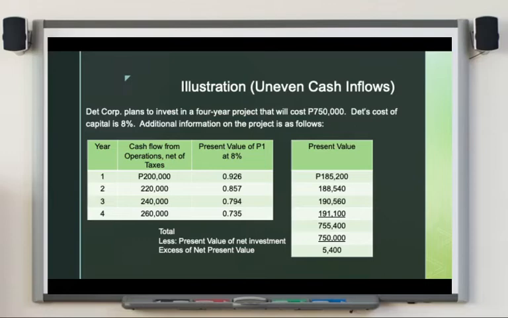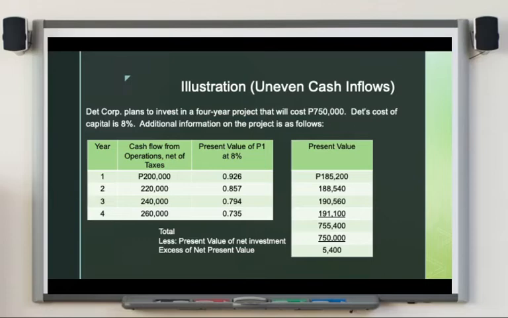So we use first the present value of 1 at 8% for year 1, that is 0.926. For year 2 is 0.857. For year 3, 0.794. Year 4 is 0.735. You simply multiply the present value factor to the cash inflow and then sum it up to arrive at 755,400.